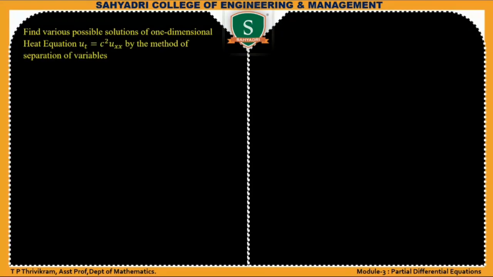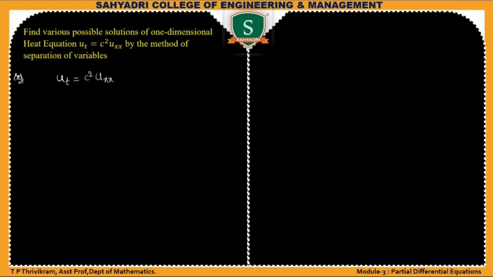Derivation of this equation. Now I am going to solve this equation by using the variable separable method, or separation of variables method. If you derive the equation, we will get u_t = c^2 u_xx.